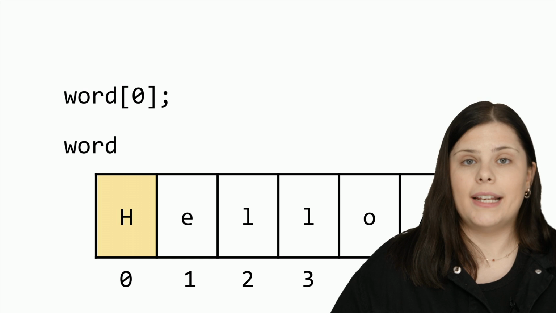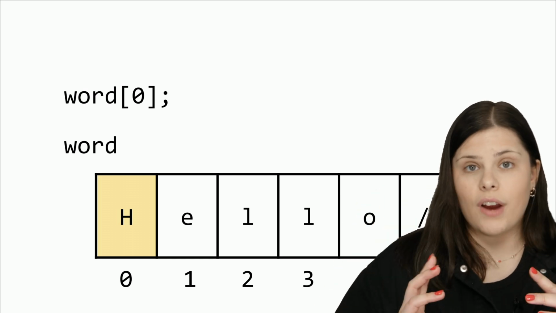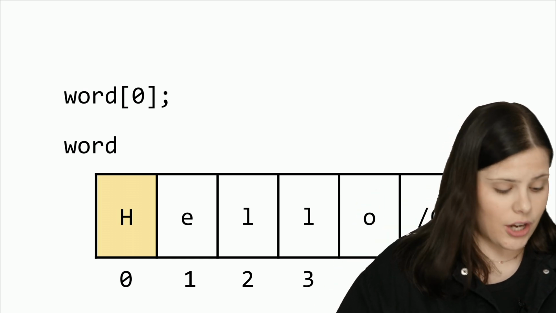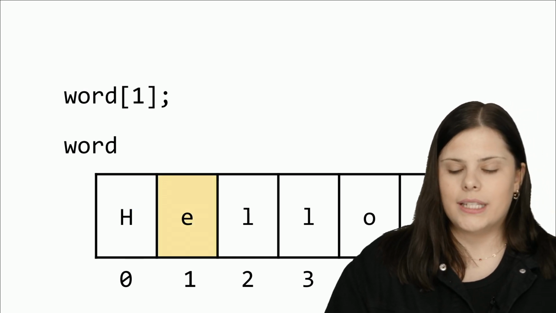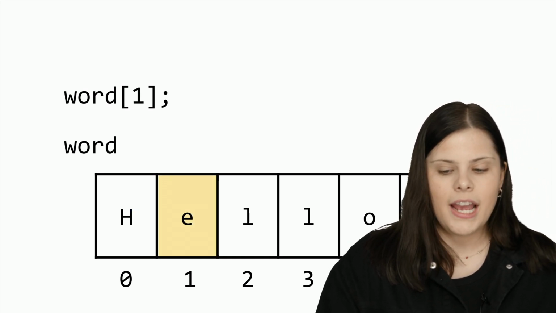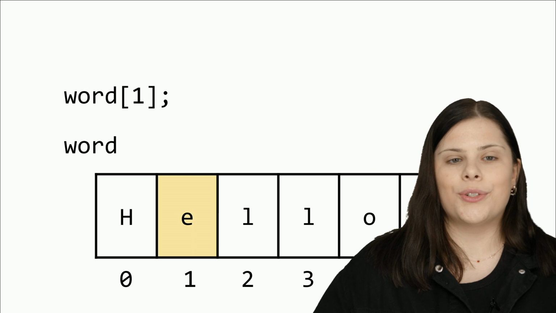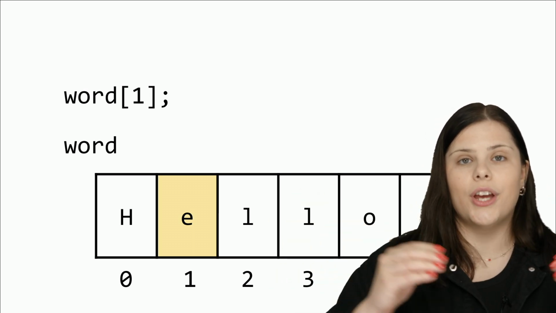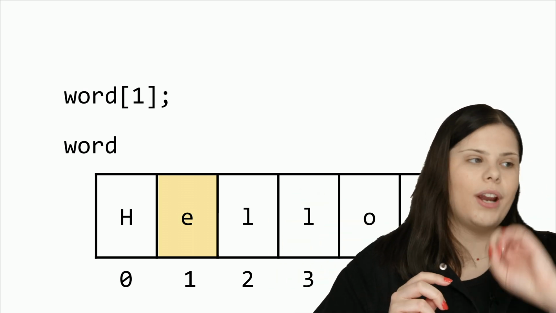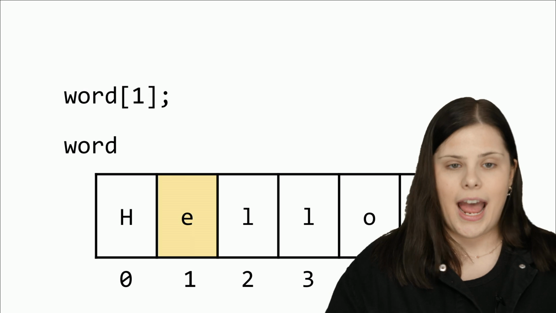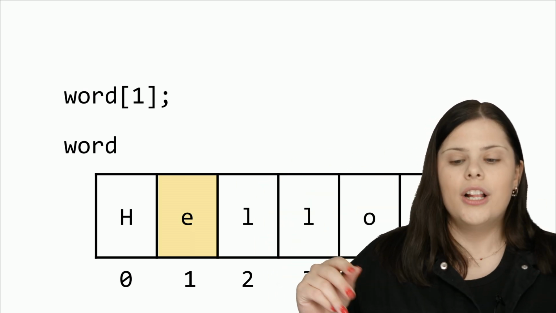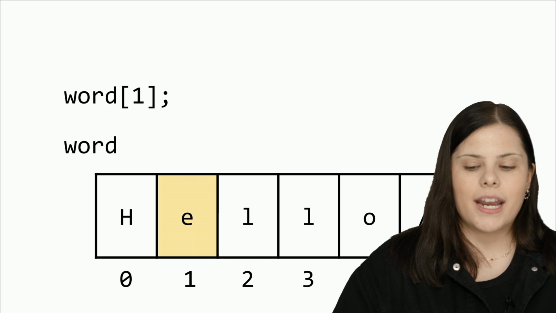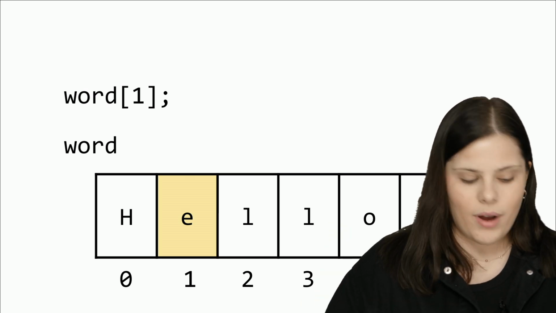So for example, if I typed word 0, I will see letter H. And if I typed word 1, I will see letter E. And this is because when you create a string, it is stored continuously, right? So they're not scattered around where H is there and then E is there and then L is somewhere in between. They're all in one place, one after another. So that is why I can index into them one by one.